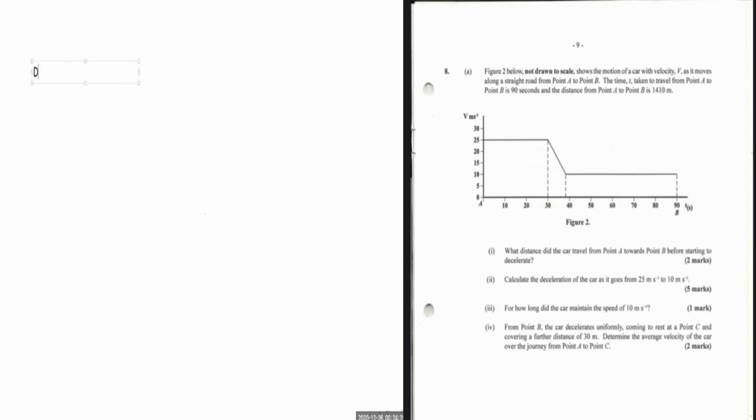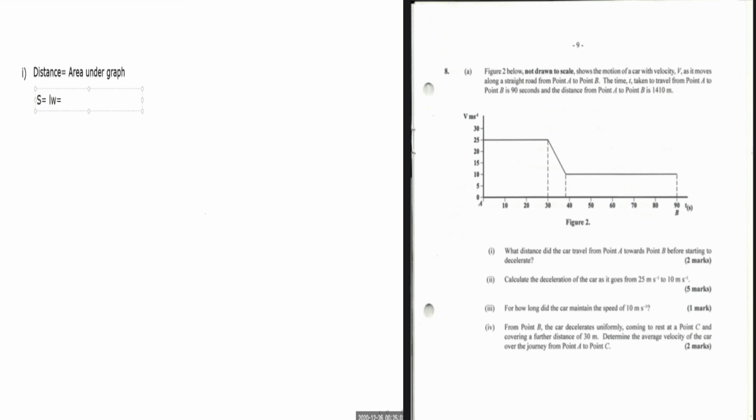Remember, on a velocity time graph, distance is equal to the area under the graph. Area under the graph, that's how we find distance. So this is part 1, of course. The distance, let's call it S, is equal to length times width, because that's a rectangle.